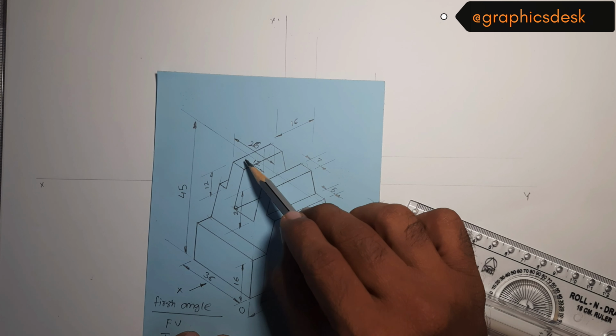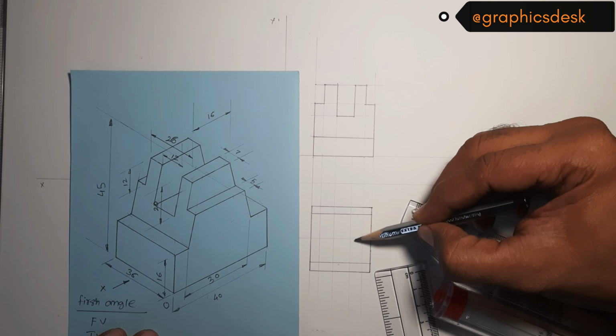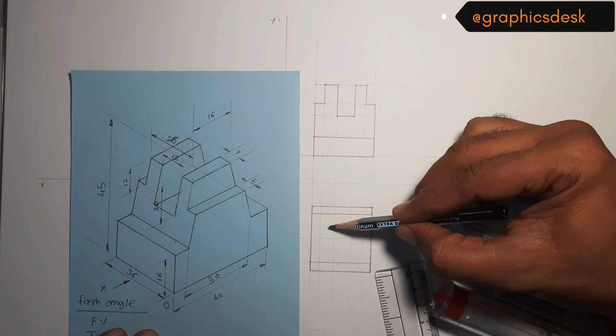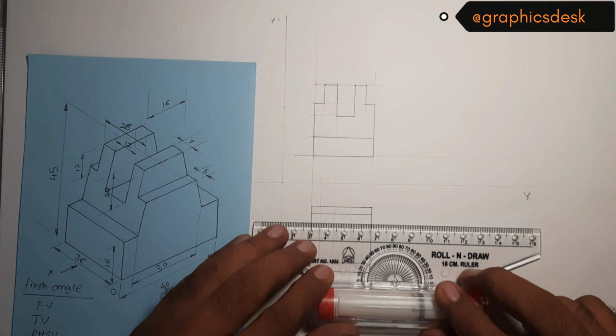That means this rectangle and this rectangle. So anything between these 2 projections and this line would be the visible part. So let's draw that.